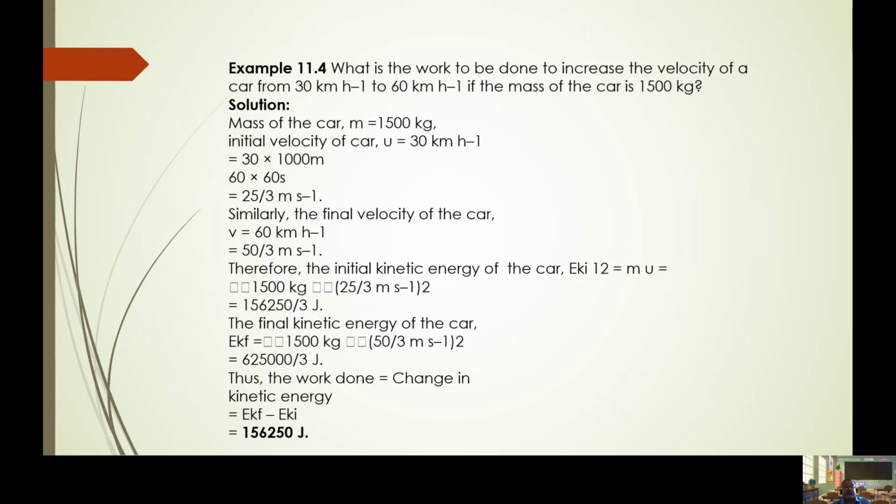Similarly, the final velocity of the car is 60 km per hour, that is 50 divided by 3 meters per second. Therefore, the work done is half m into the difference of the squares of the velocities. Finally, after working this out, we find the work done, the change in kinetic energy KE final minus KE initial, is equal to 156250 joules.